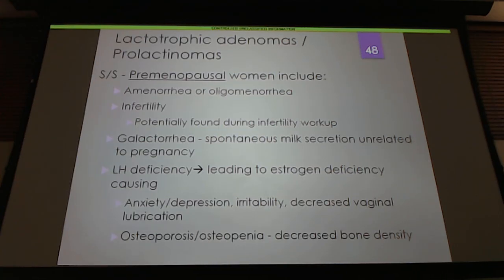They're going to come in presenting like that, but at a much younger age. Osteoporosis and osteopenia, this is a really big thing because as I decrease estrogen, I'm at risk for osteopenia and osteoporosis. So we definitely need to screen these people for that if they're not going to undergo treatment. Does that make sense? That's related to the low estrogen.